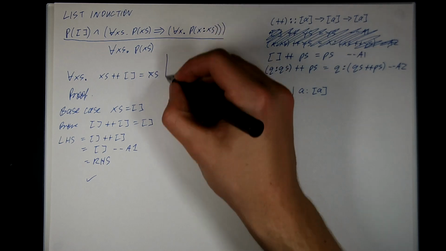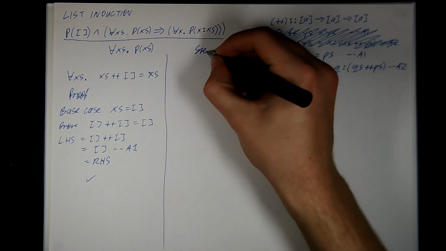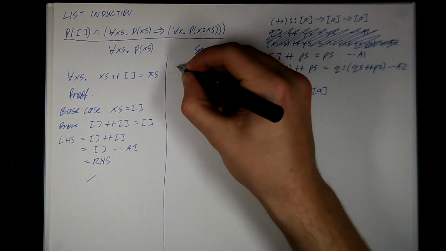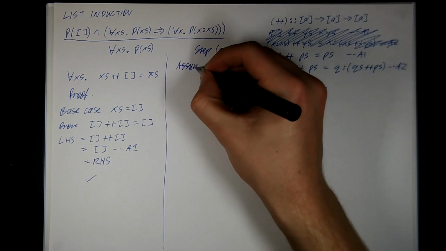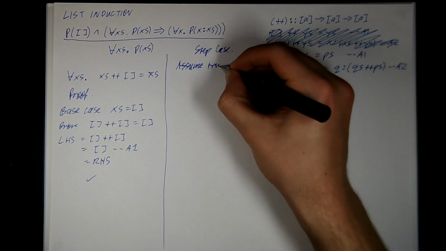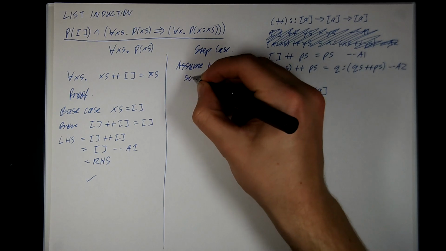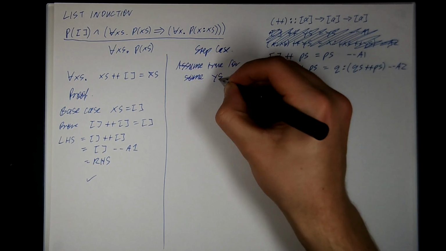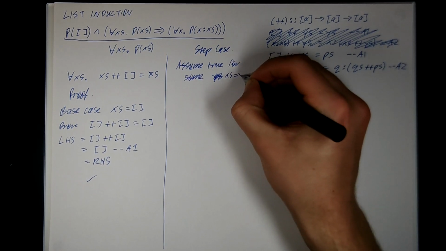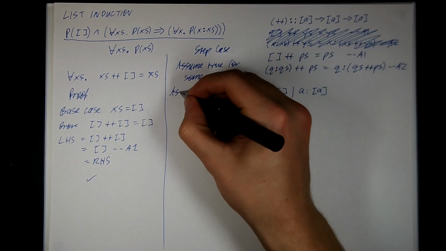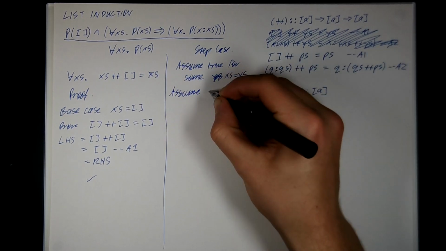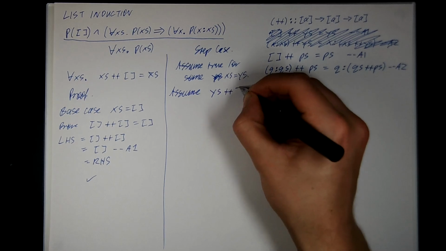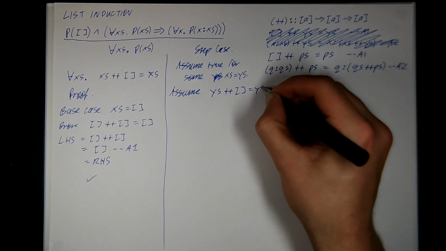Now I need to prove the step case. For the step case, I assume the statement to be true for some YS, so for some XS equals YS. So I'm assuming that YS concat empty is equal to YS.